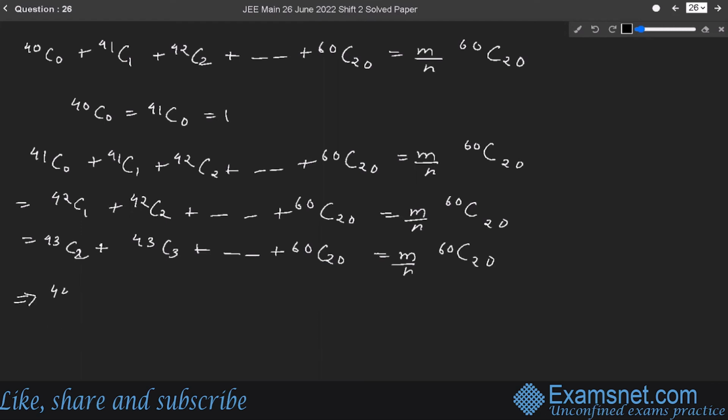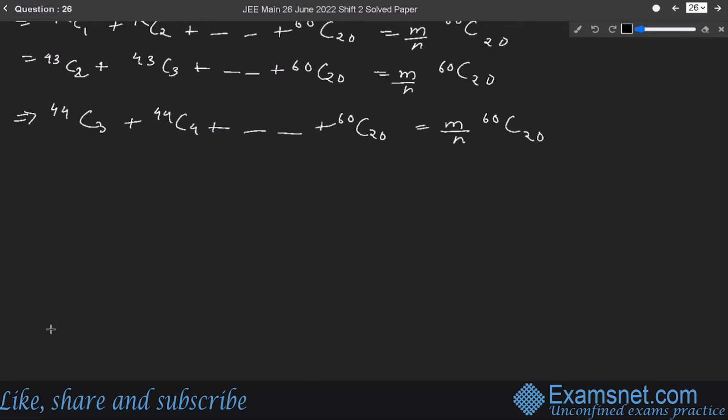Further, this will be equal to 44C3 plus 44C4 plus so on up to 60C20, and the right hand side is m by n into 60C20. Further, this will be equal to 45C4 plus 45C5 plus so on up to 60C20, which is equal to m by n into 60C20.